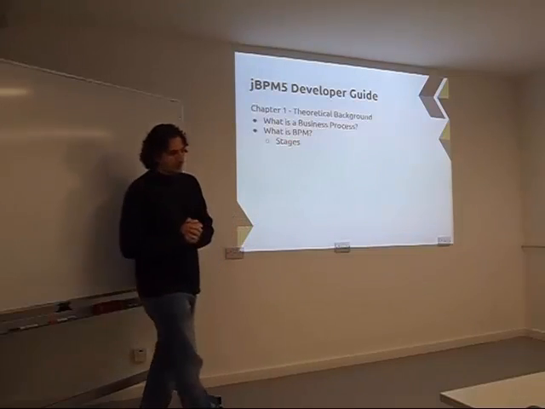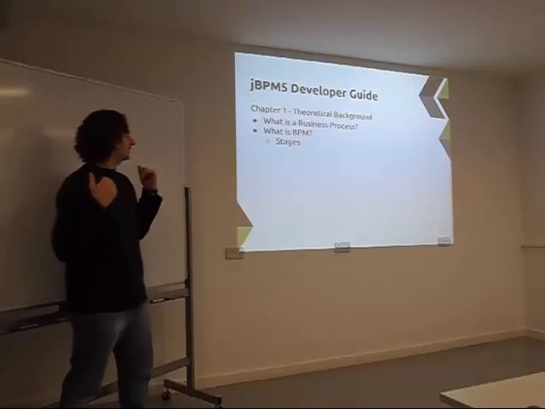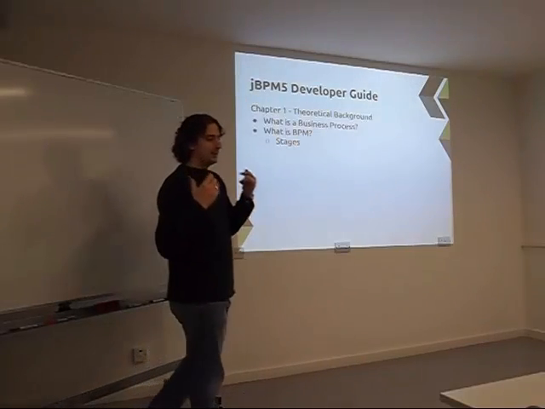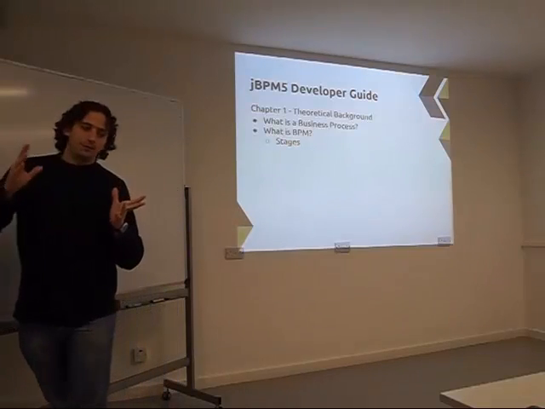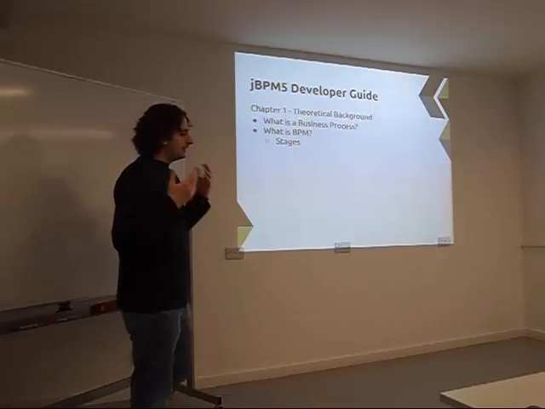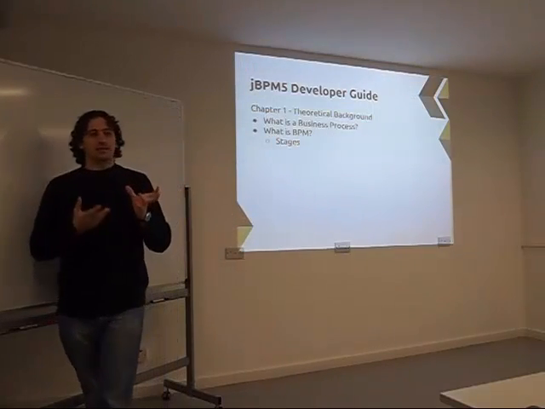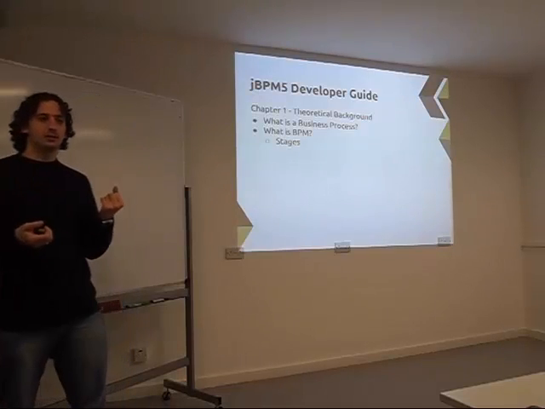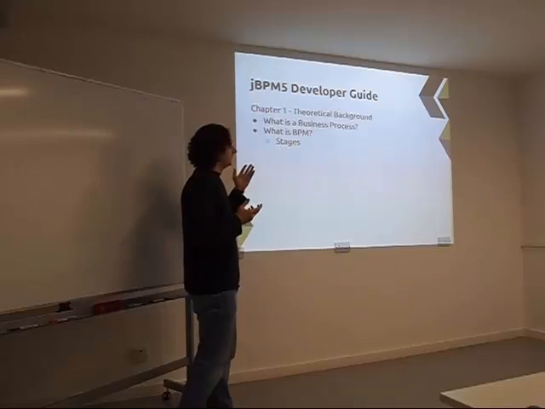So let's start with the review of the book. Chapter 1 is about the theoretical background that you need if you want to start using JBPM. There are not a lot of theoretical things that you have to understand, but it is important for you to know some concepts and how they are related in this BPM methodology.